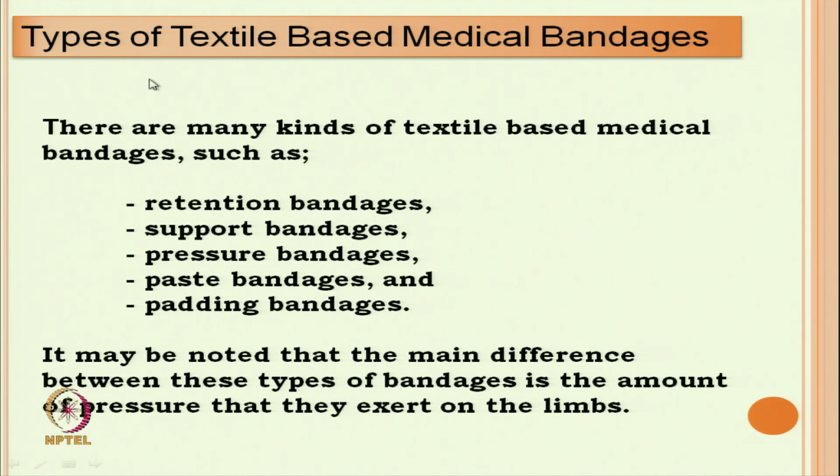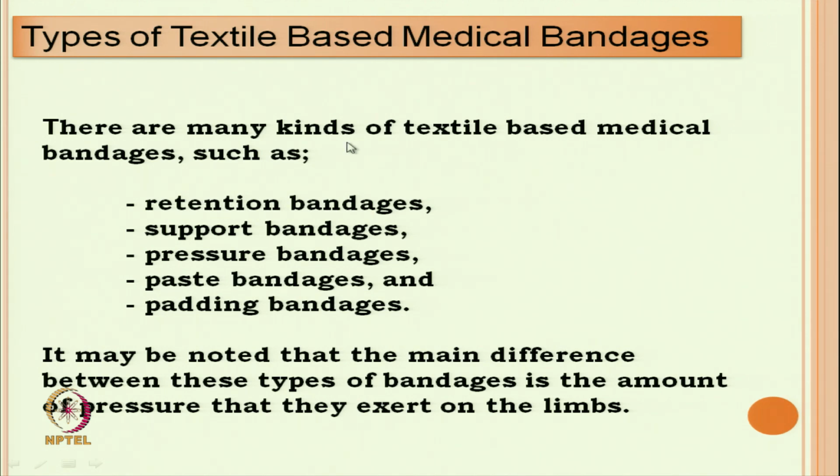So, the types of textile bandages used for medical applications are retention bandage, support bandage, pressure bandage. The area which we are going to discuss here, because for pressure bandage or compression bandage we need highly technical inputs, then paste bandages and padding bandages.